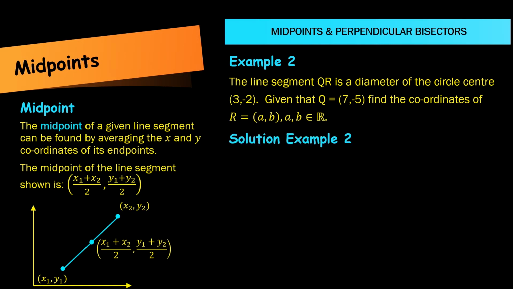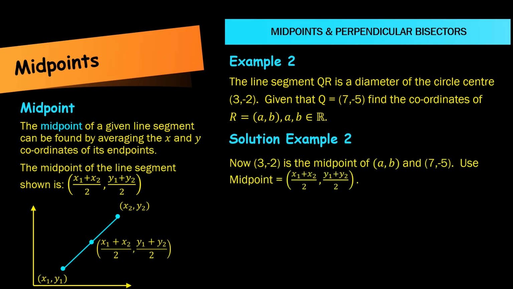So let's solve this example. (3, -2) is the midpoint of QR and Q is (7, -5). Using the formula for the midpoint, let's substitute in all these values. So here x1, y1 is (7, -5), and x2, y2 equals (a, b).